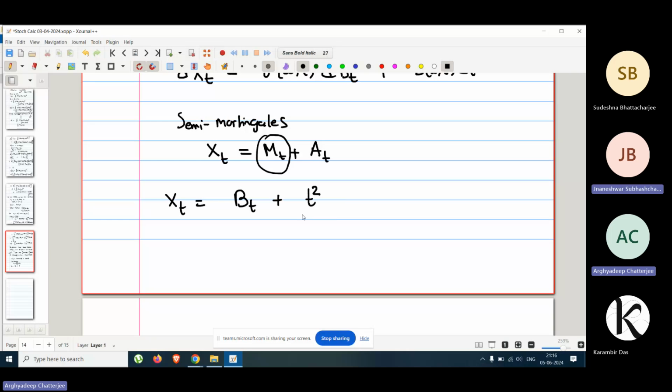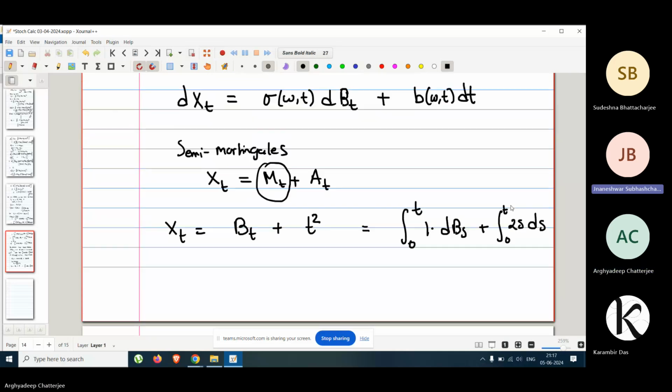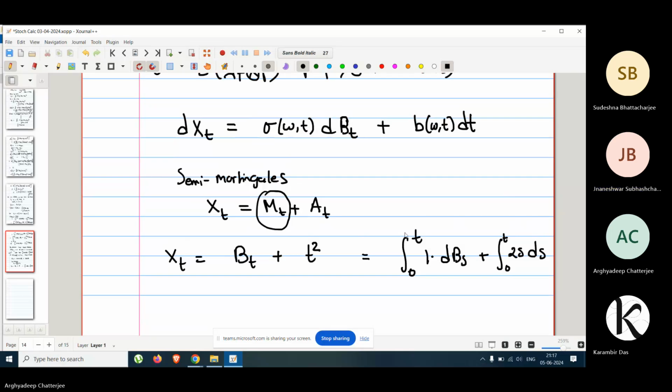So I can represent it as the integral from 0 to t of 1 times dB_s plus the integral from 0 to t of 2s ds. So dX_t equals dB_t plus 2t dt. So most processes can be expressed in this form.